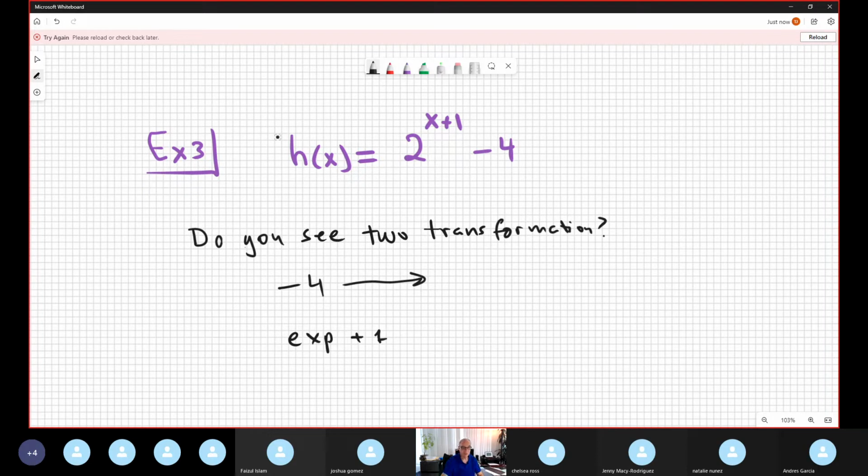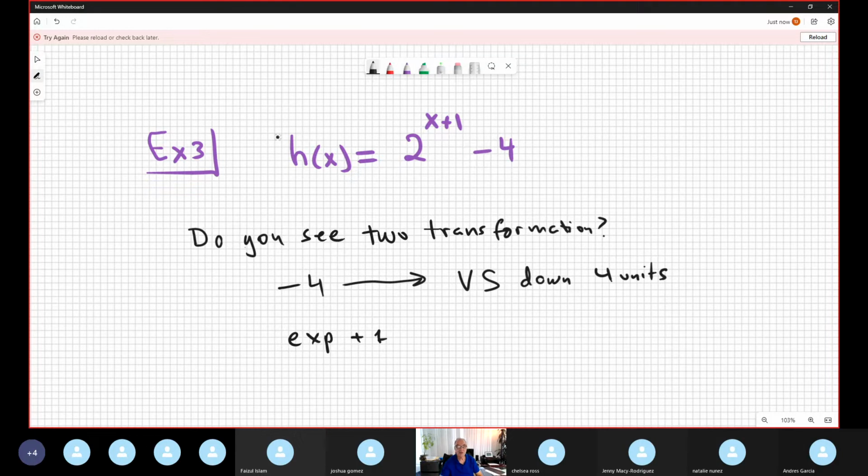What kind of the 4 transformations that you know very well? Vertical shift, horizontal shift. Horizontal shift? -4 is horizontal or vertical? No, sorry, it's a vertical down. It's a vertical down. Very well. Vertical shift down 4 units.